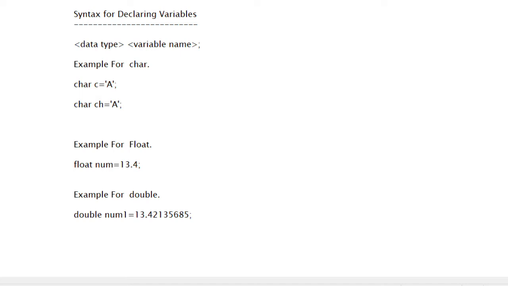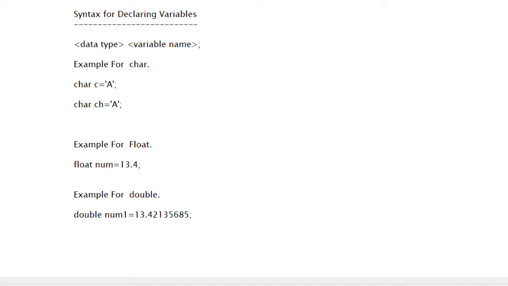The value is capital A. Now capital A is an alphabet. If you want to give an alphabet as a value, that alphabet must be surrounded by double or single quotations. Here I have given only one character, that's why I used single quotes.